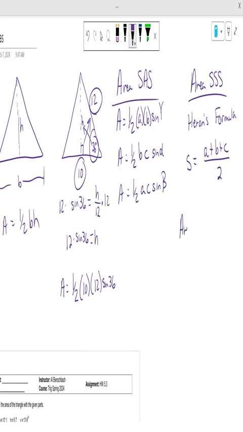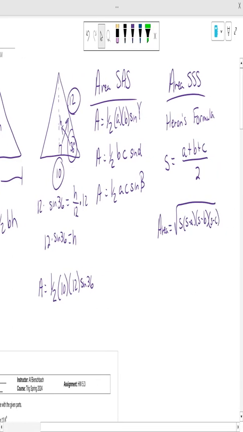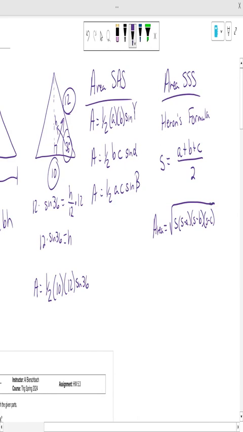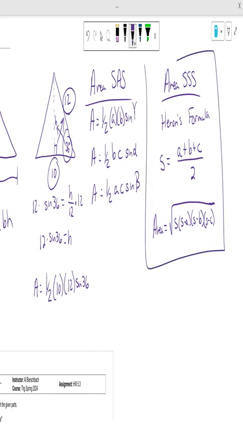And your area equals the square root of S times S minus A times S minus B times S minus C. Now, how Mr. Heron ever figured out a formula like that, I have no clue, but it works. So that's Heron's formula. So these are the two area formulas that we're going to be using today. The area for side angle side and the area for side, side, side.